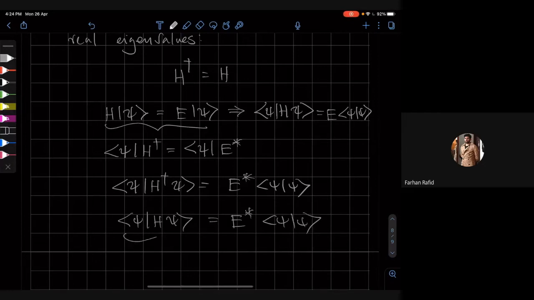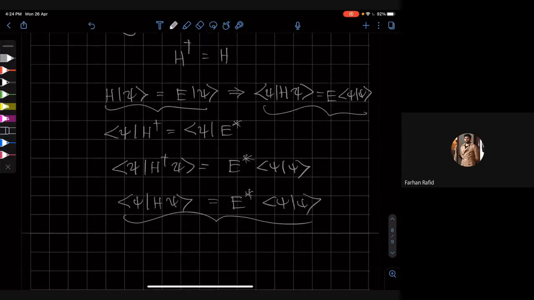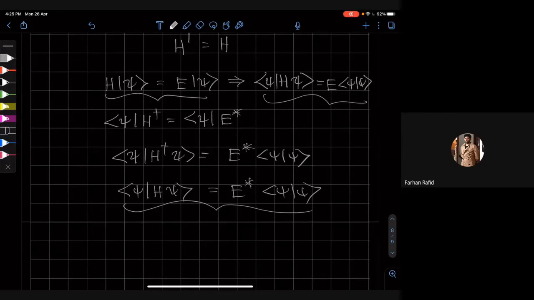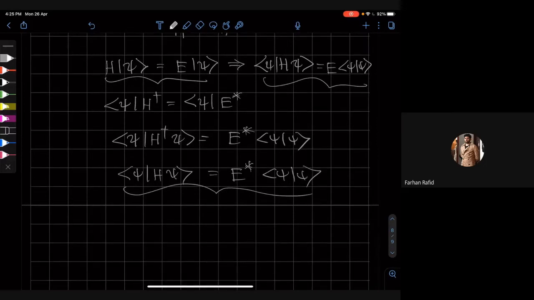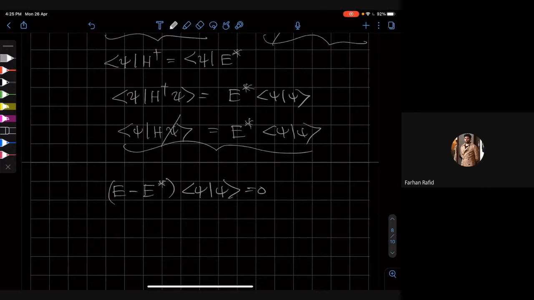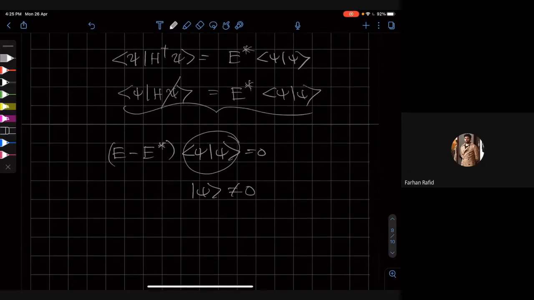Now I take this equation and this equation and subtract one from the other. The left-hand sides cancel out, and then we have E minus E star times psi psi. Now we are assuming that psi is not the zero vector. If it's not the zero vector, then this is non-zero. If this is non-zero, then it must be that E is equal to E star.